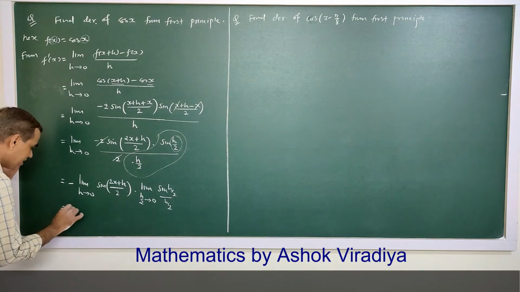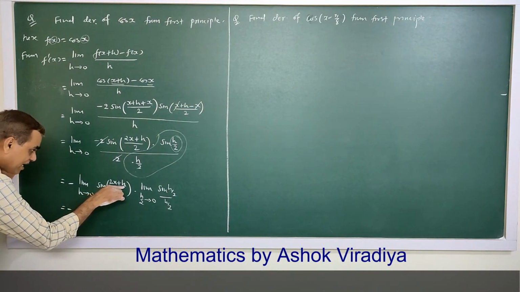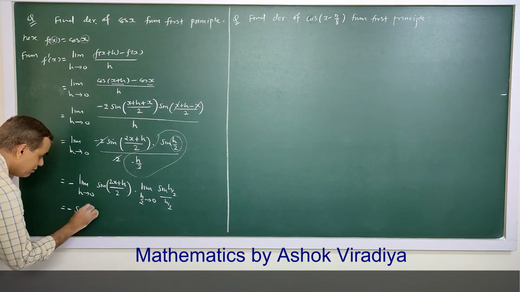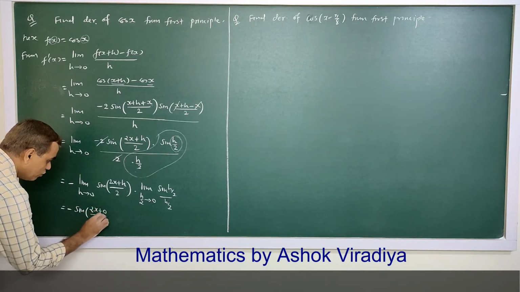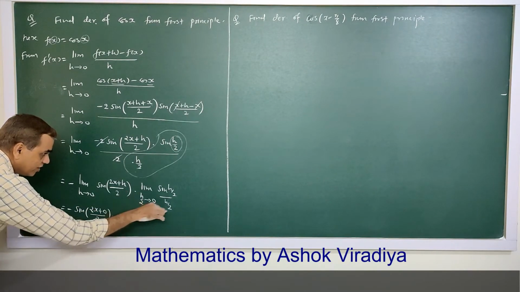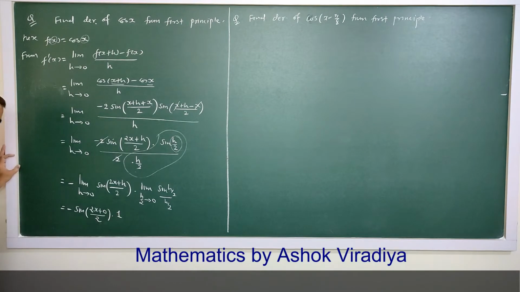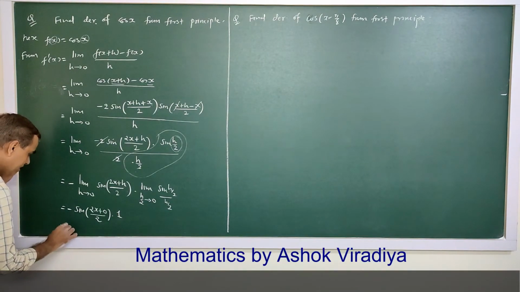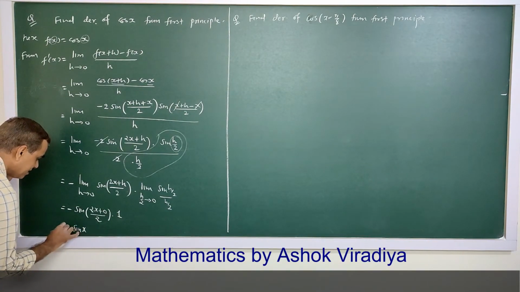So minus, now replace h by 0, so sin of (2x plus 0) by 2 into 1, so this is minus sin x.